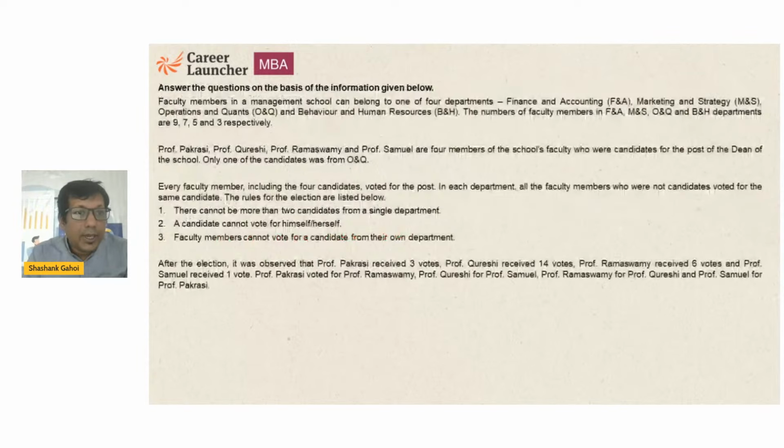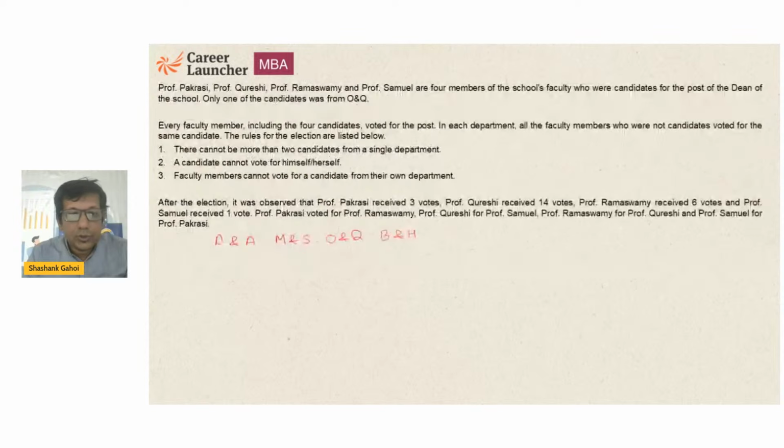Now, 9753. So I'm just going to write down 9753. That is the number. So the F&A department has 9, this has 7, this is 5, this is 3. Okay. Every faculty member, including the four candidates, voted for the post of each department. All the faculty members who were not candidates voted for the same candidate.